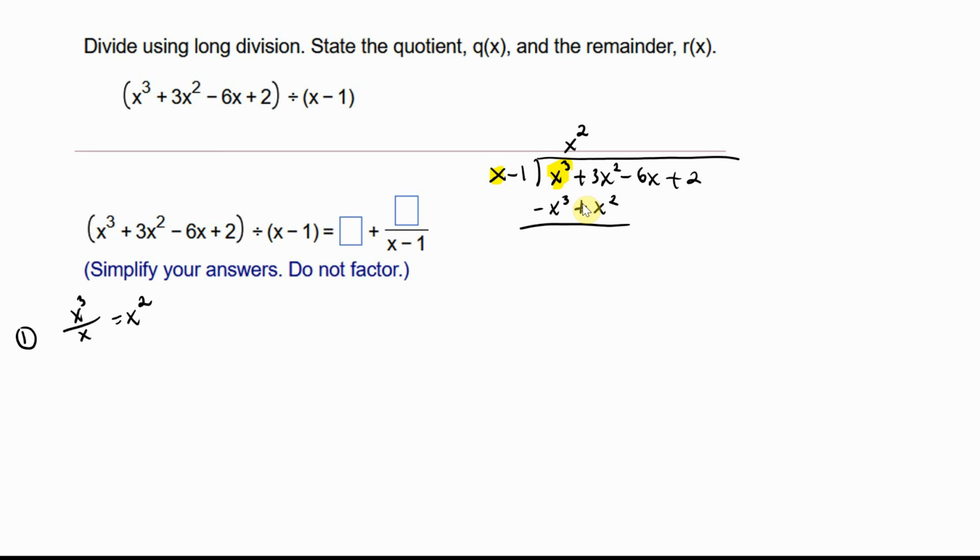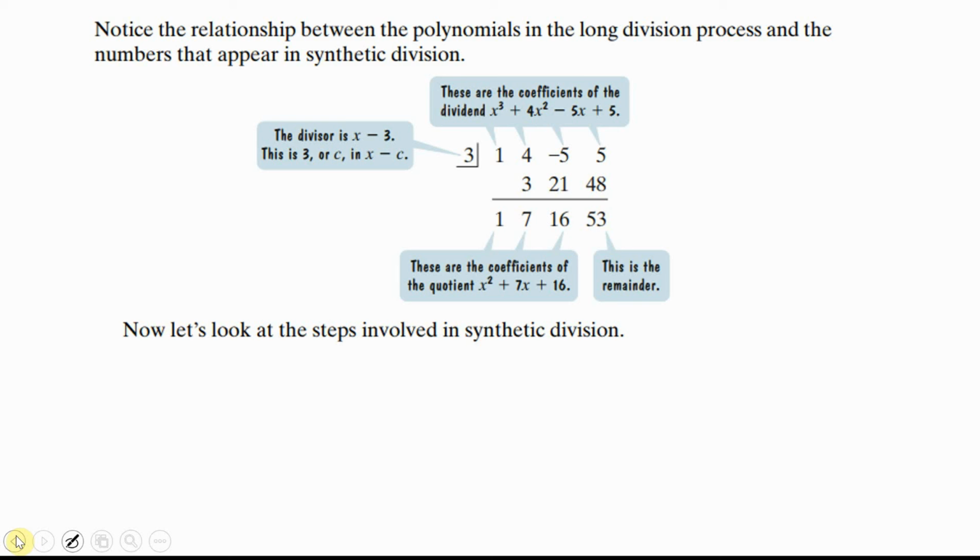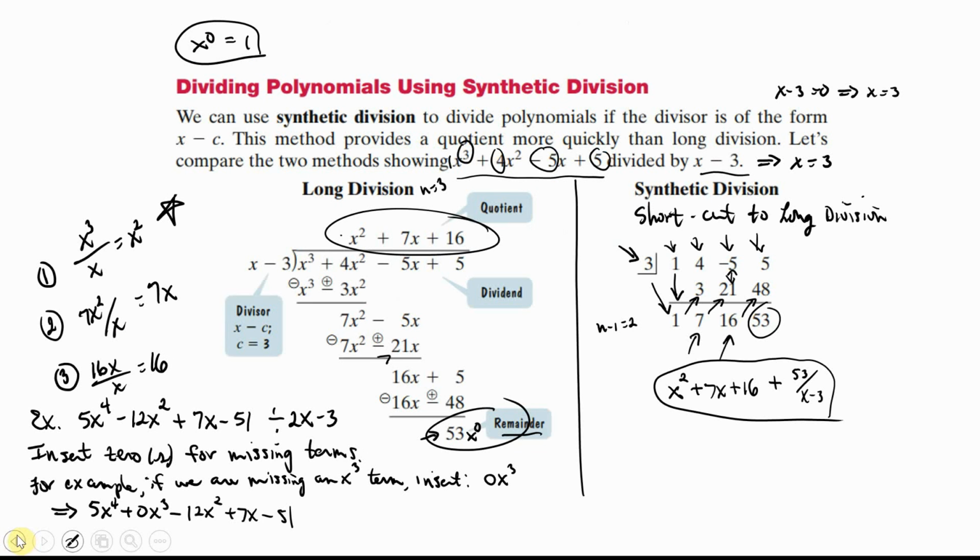Yes, Emmanuel? Why did the signs change again? Again, the process is based on dividing numbers. You got 5 divided into, let's say, 16.